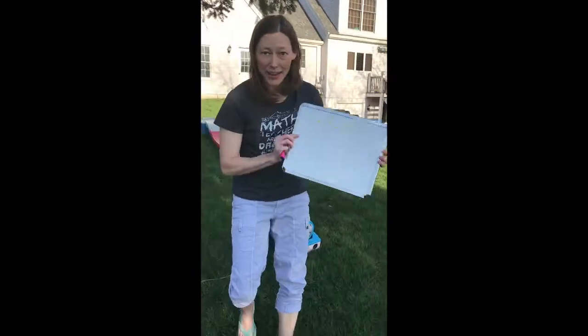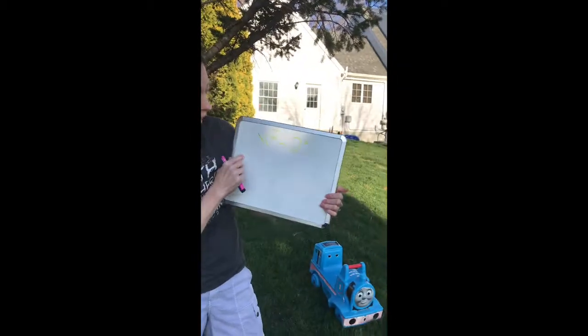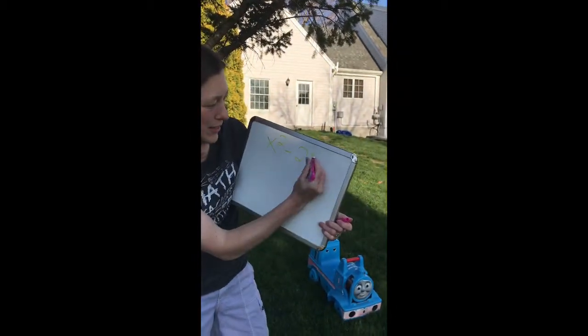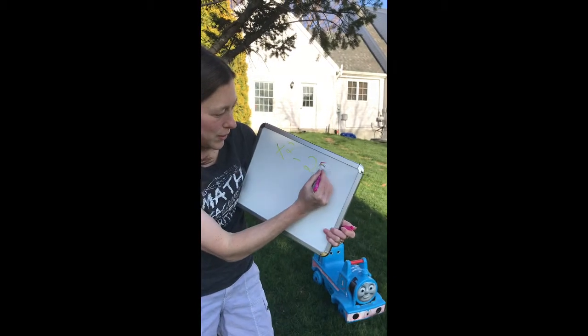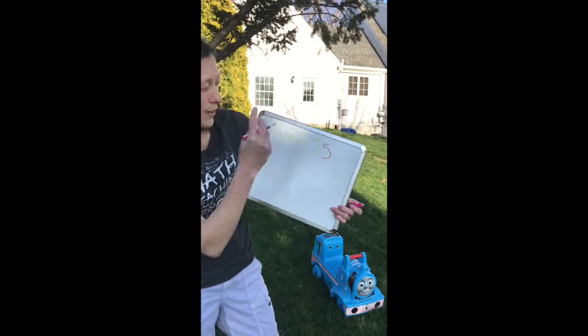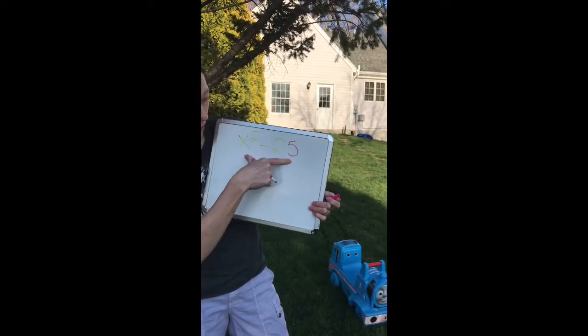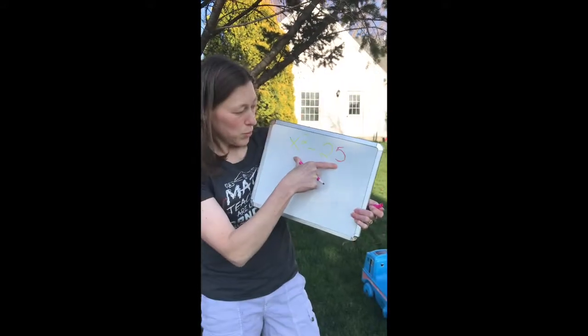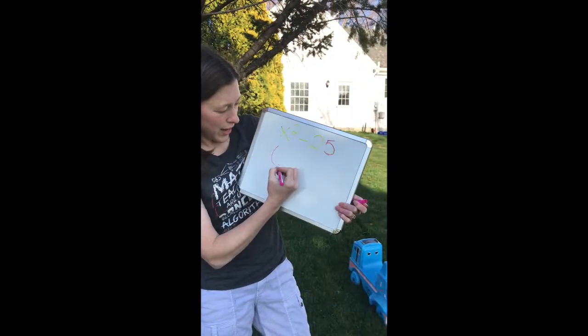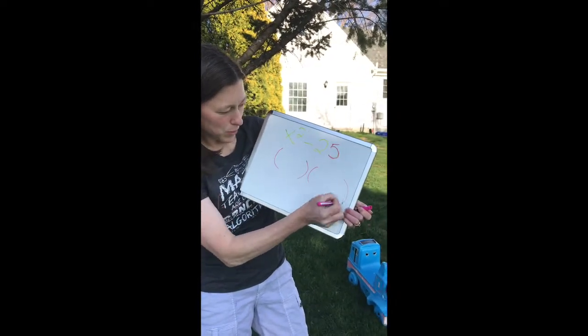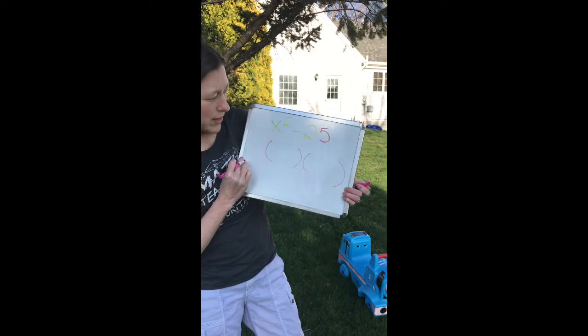I thought of another one. This one is a difference of squares. This did say 25 before I went on the train. Okay, so x squared minus 25, difference of squares. When we are factoring this, it's just kind of like unfoiling because we're going to have 2 sets of parentheses.